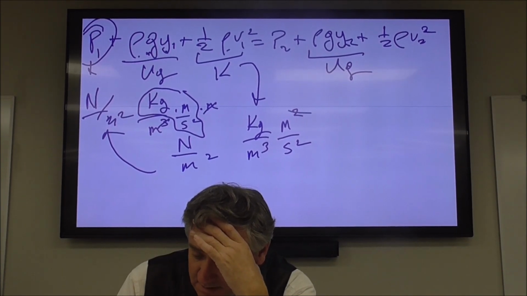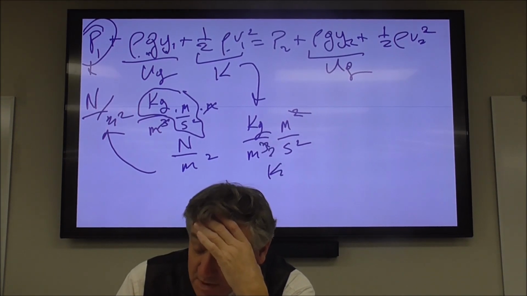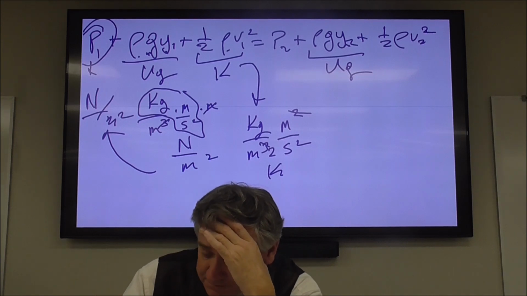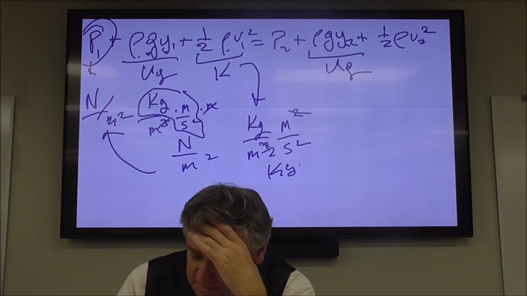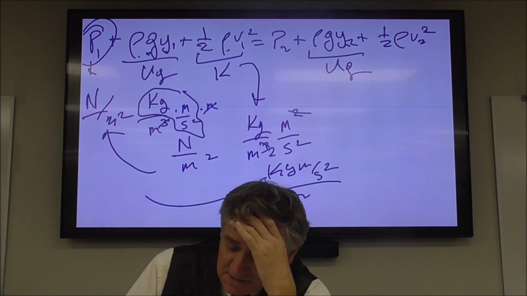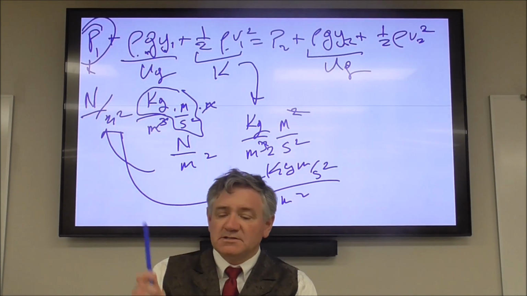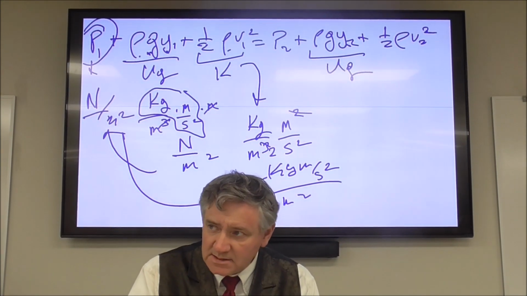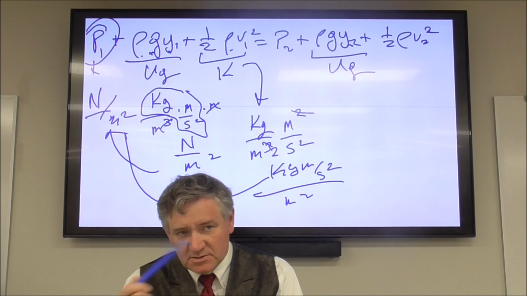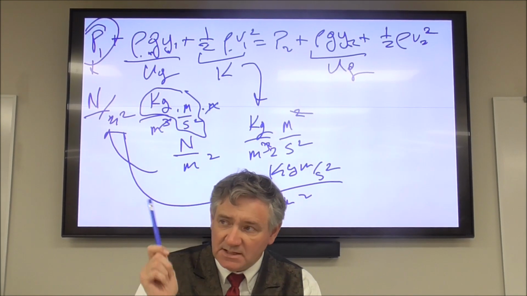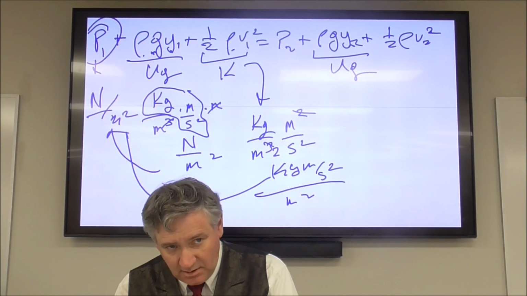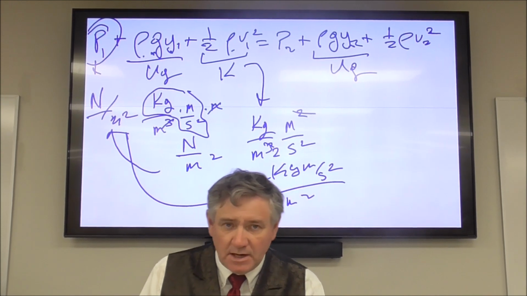I can cancel out one, and I get kilograms meter squared. I only canceled out one of those; I don't want to cancel out all of them. So then I get kilograms meters per second squared over meter squared, which is the exact same thing as newtons per square meter. So that density, which is not to be confused with buoyant force, is the density of the fluid itself. Typically this plays out with water.